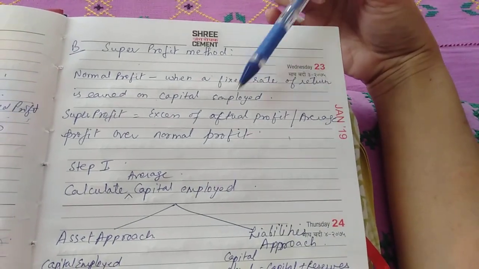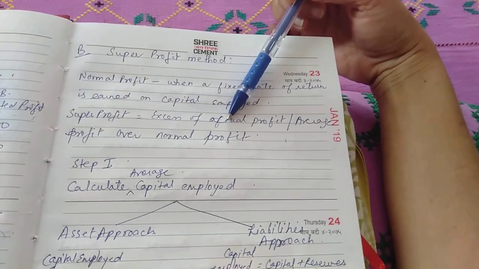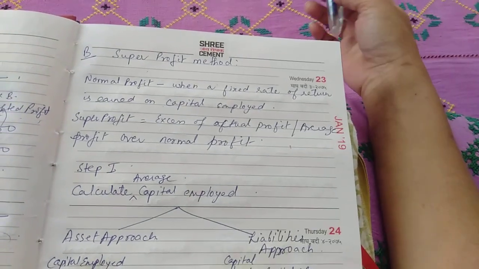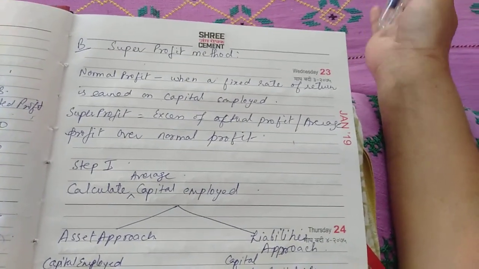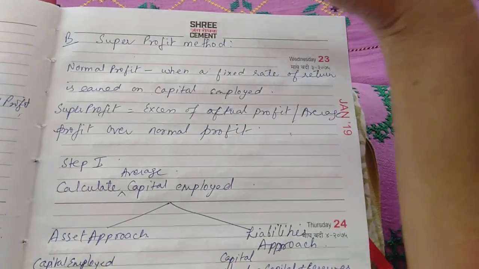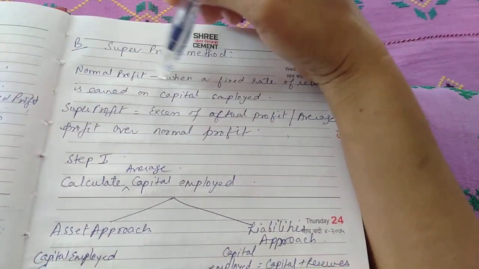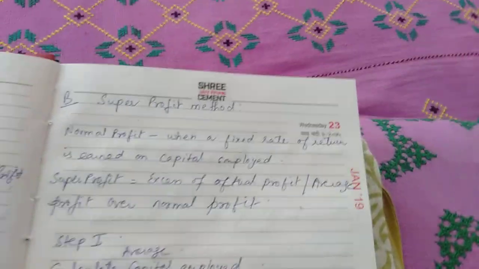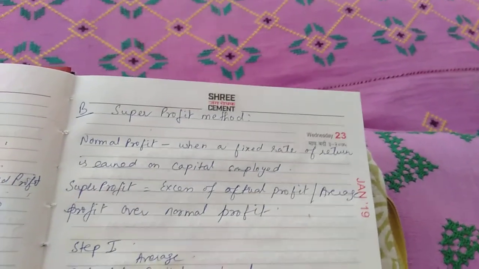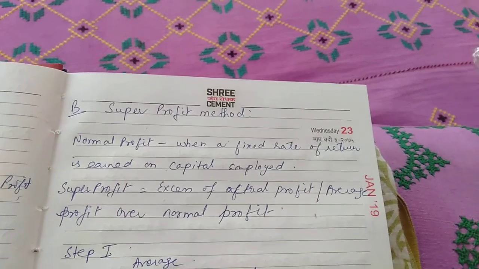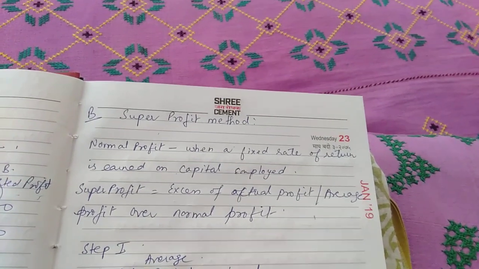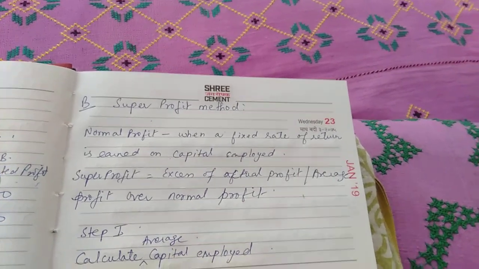Then what is super profit? Super profit is the excess of your actual profits, the profits you have actually earned, over your normal profit. Am I clear? Super profit is the profit actually earned by you minus the normal profit which you are expected to be earning for years.